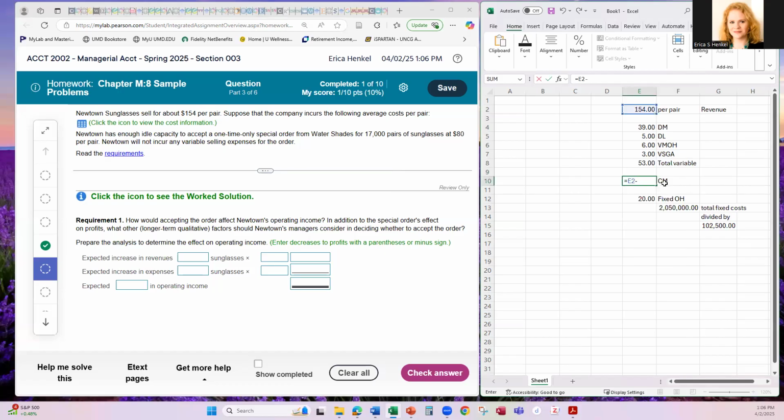So E2 minus E8. So that's our contribution margin per pair. Okay. All right. So Newtown has enough idle capacity to accept a one-time only special order from Watershades for 17,000 pairs of sunglasses.